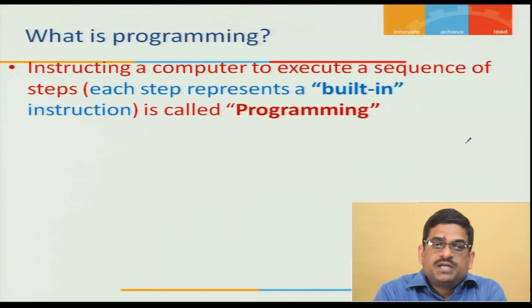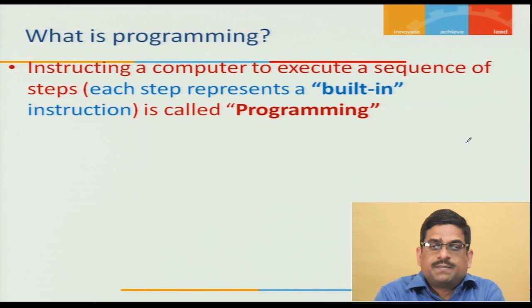So, the next question is, what is programming as such? To solve a problem with the help of the computer, what am I doing? I am trying to program my computer. Programming means instructing a computer to execute a sequence of steps for your problem.